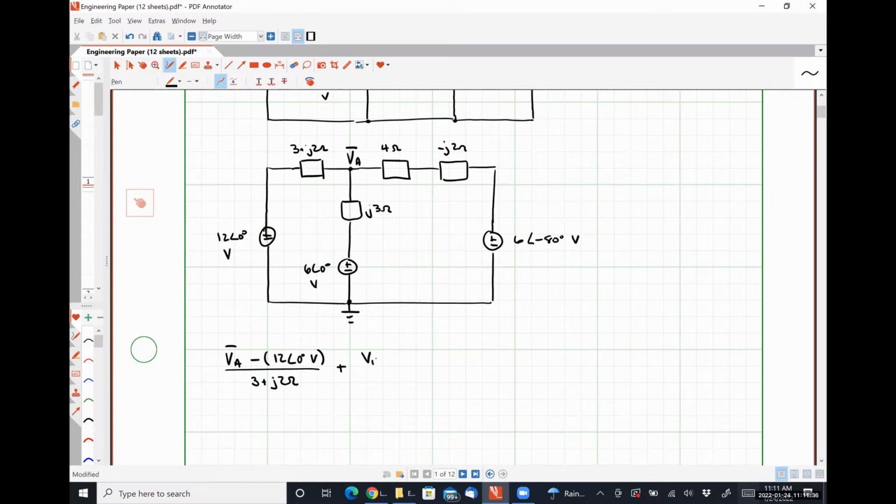Then we're going to have VA minus 6 angle 0 degrees volts divided by j3 ohms, plus VA minus 6 angle negative 80 degrees volts divided by 4 minus j2 ohms is equal to 0.